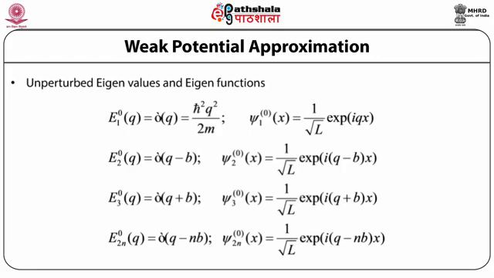Again, for the eigenvalue ħ²(q plus b)²/2m, we have the eigenfunction 1/√L e^(i(q plus b)x). And finally, for the eigenvalue ħ²(q minus nb)²/2m, we have the eigenfunction 1/√L e^(i(q minus nb)x).